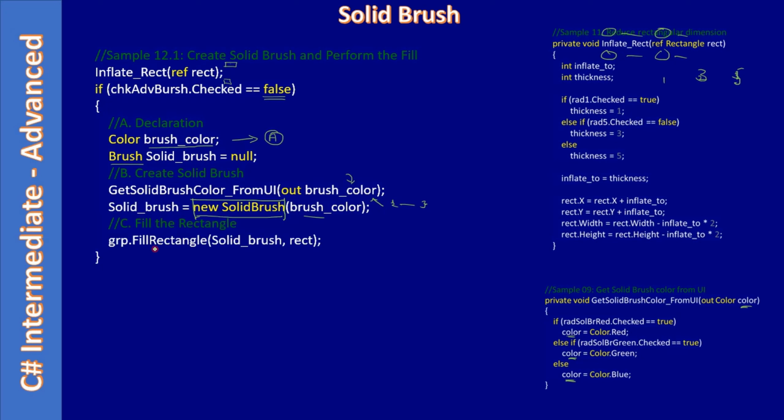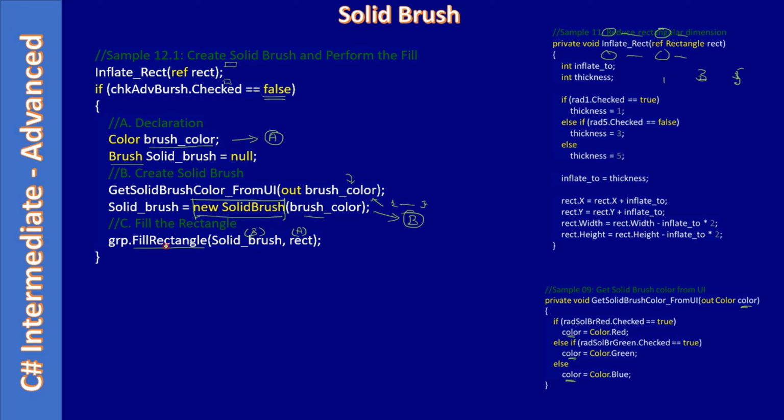After constructing the brush, we are making a call to fill rectangle. Previously we used draw rectangle, right? Now we are using fill rectangle. Since it's a fill version of the rectangle, we want to paint the rectangle, and we are giving the solid brush which we constructed here, B. Then we are giving the rectangle A. The A is in diminished form.